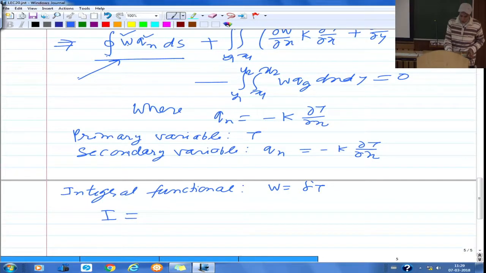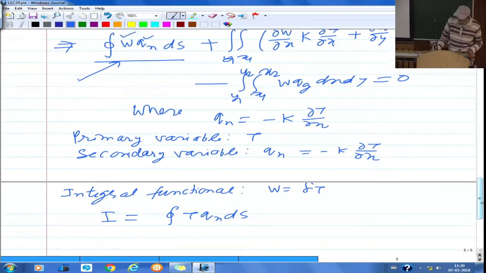So in this, W is delta T, and when you take delta out, this term in the functional will simply give you T into Qn ds, the integration along the contour along the outer boundary of the domain.